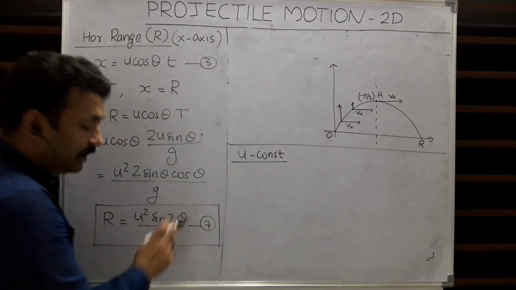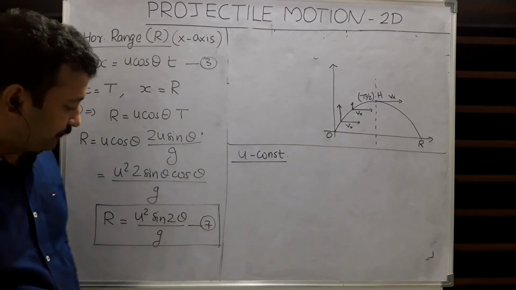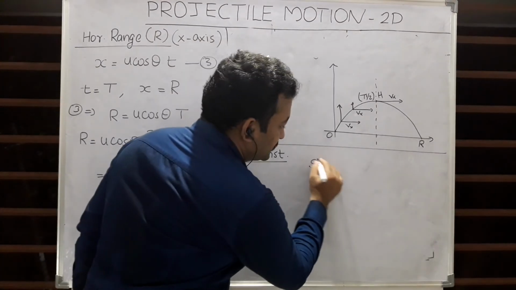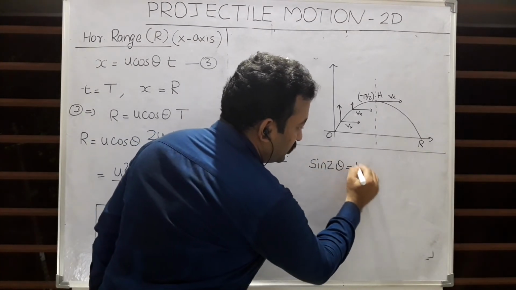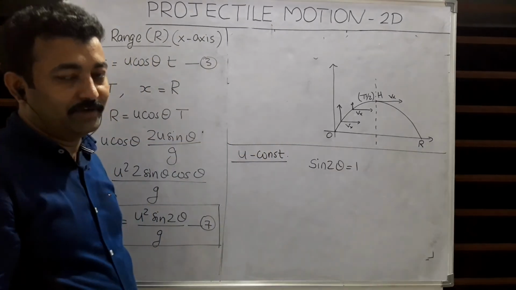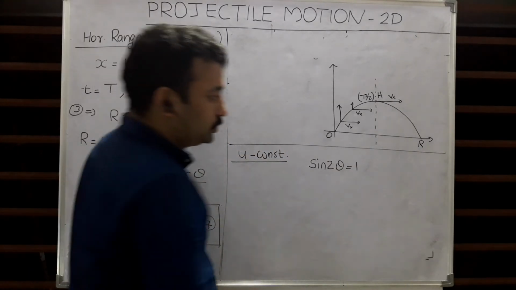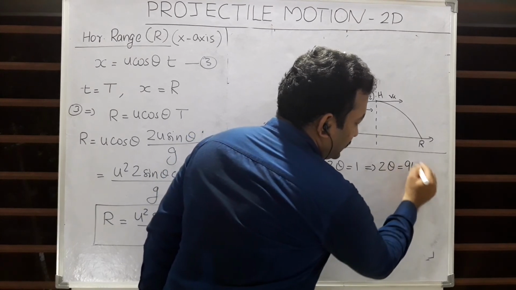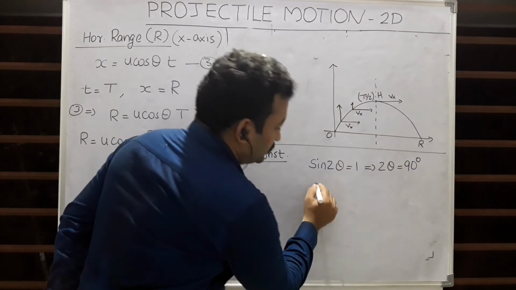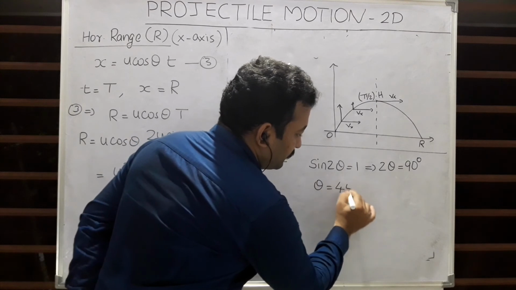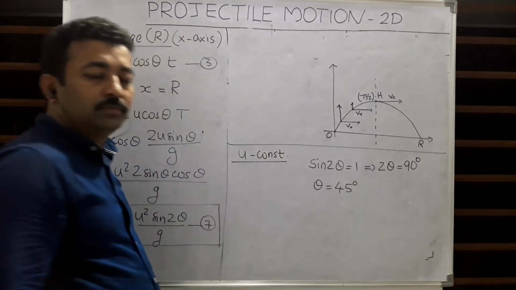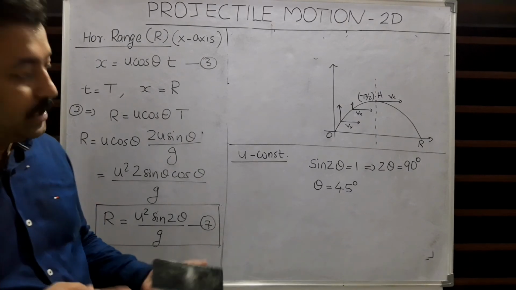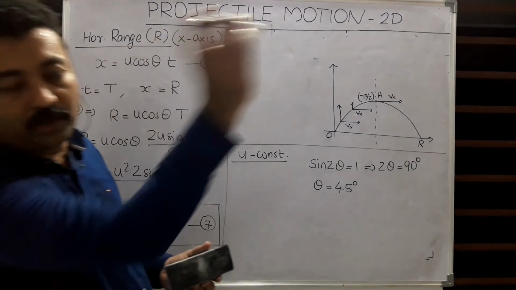And as well, the sine value also will vary. So for maximum sine value, what is the condition? Sine 2 theta has to be equal to 1, because 1 is the maximum value of sine. If sine 2 theta is 1, this indicates 2 theta is 90 degrees, or theta has to be 45 degrees. So for a given person to reach maximum range, he needs to throw the ball at 45 degrees.